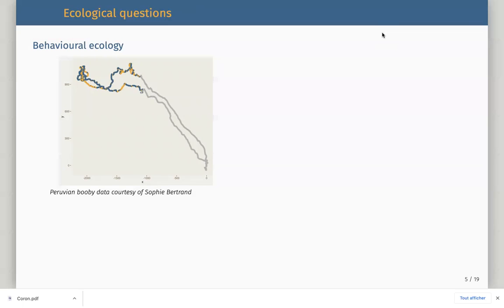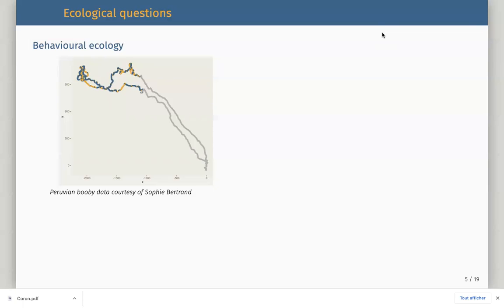You have two kinds of movements, and it mainly depends on the sinuosity of the trajectory: when they are fishing actively, they tend to have very erratic movement, while when they move from one place to another, they have a more direct trajectory.